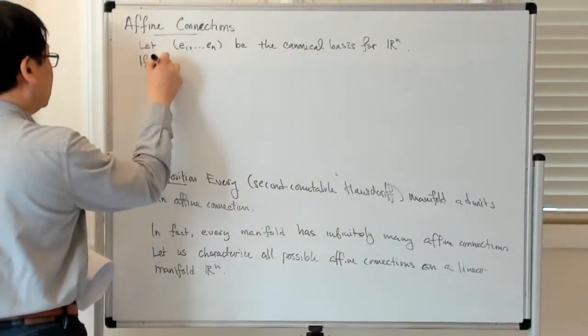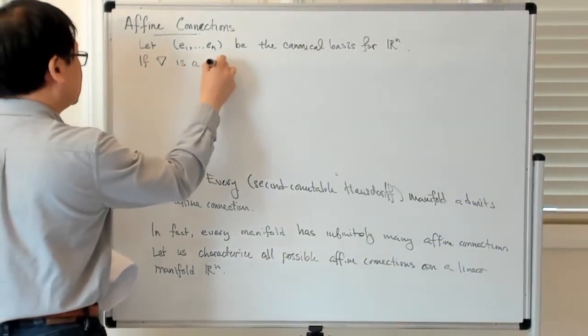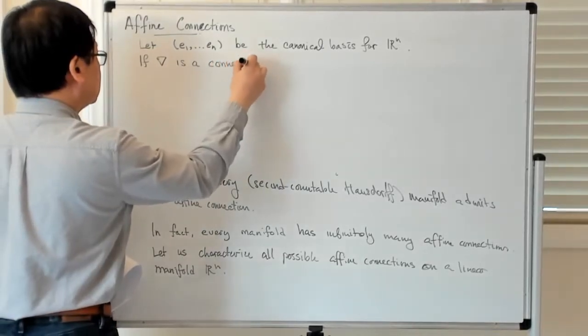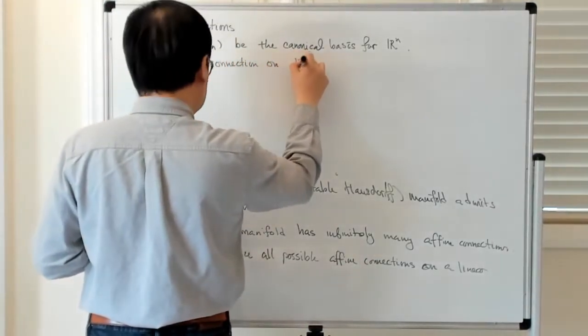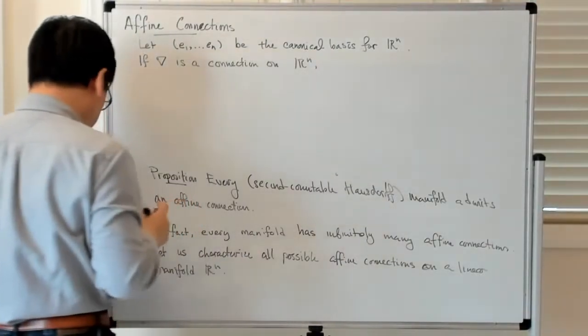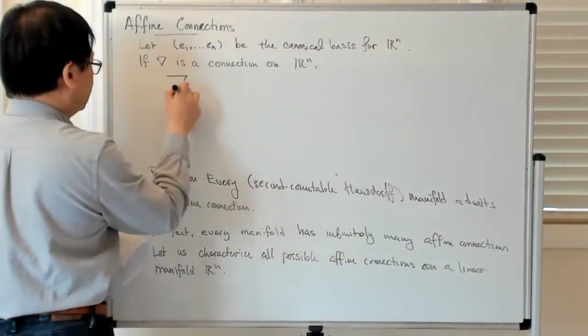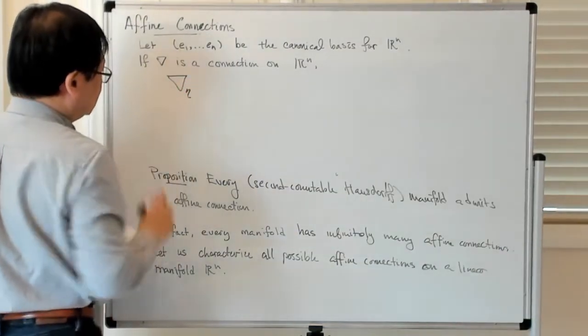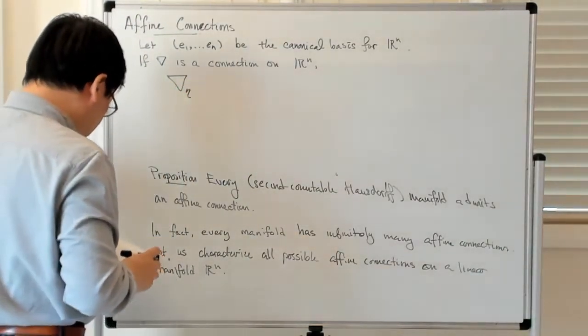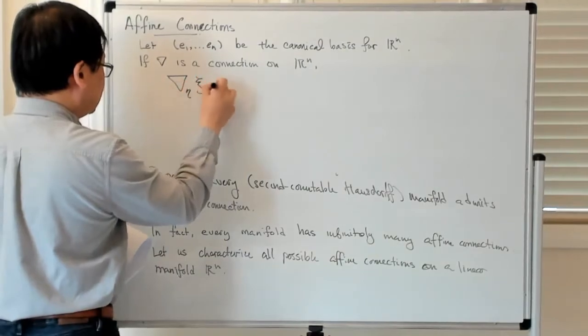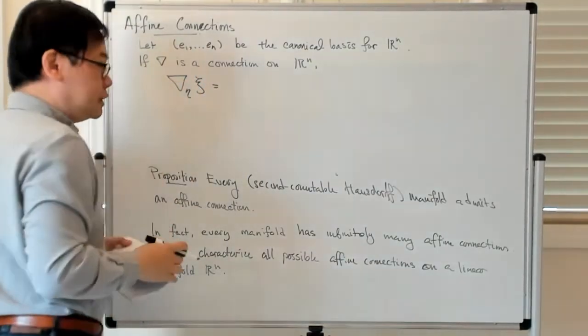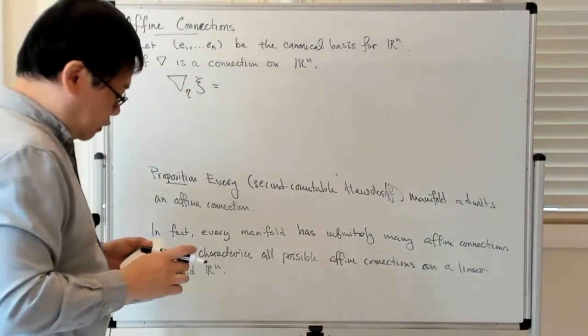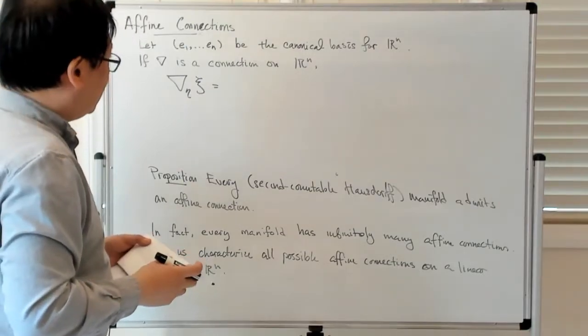If nabla is a connection on Rn, then I'm going to write this down generally: nabla of eta in the direction of zeta, where I write eta and zeta in terms of a linear combination of basis vectors.